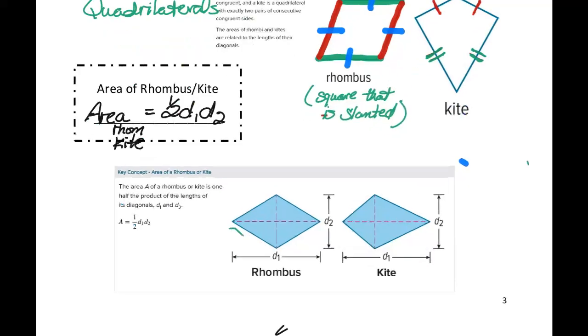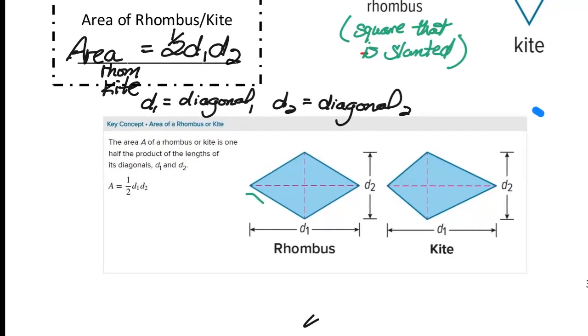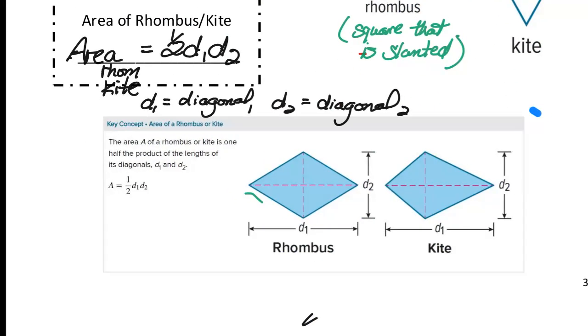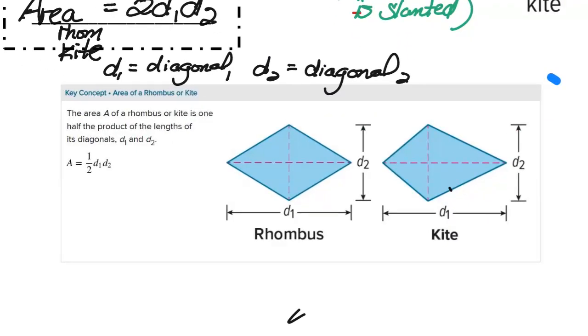So everything is multiplied for a rhombus or a kite. Now, d sub 1 is diagonal 1. D sub 2 is diagonal 2. And diagonals, as you look at the bottom, are line segments that go from one opposite corner to another.